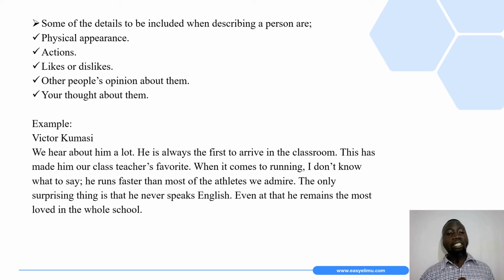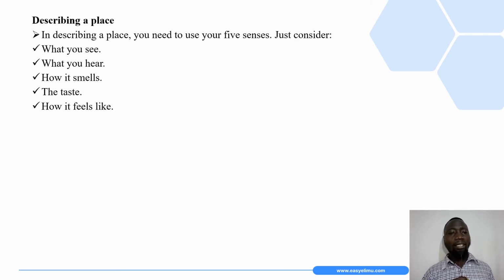So we are only seeing some actions about the person, some of the likes, some of the people's opinion about him, and so on.